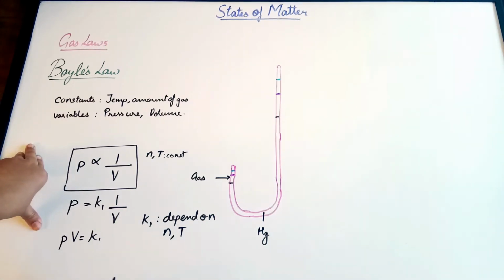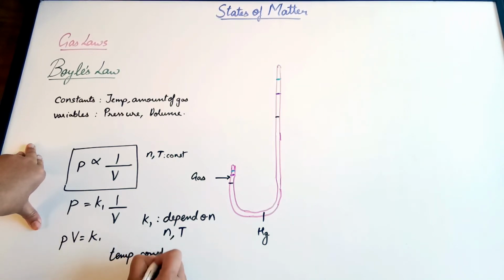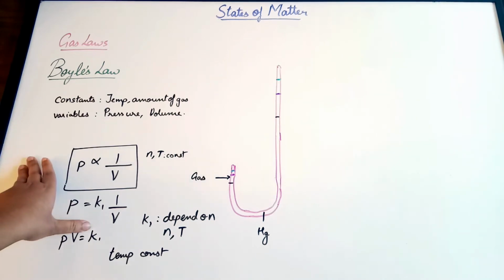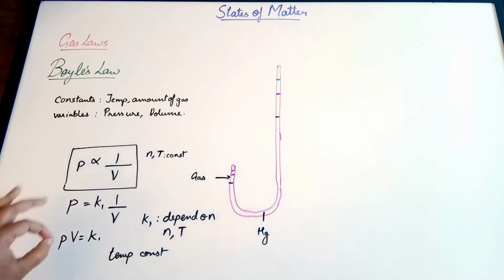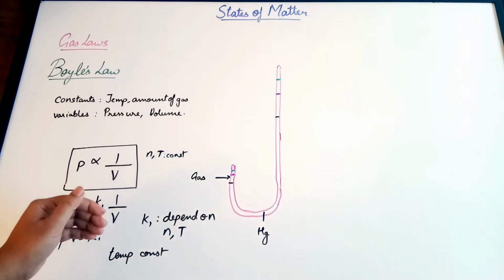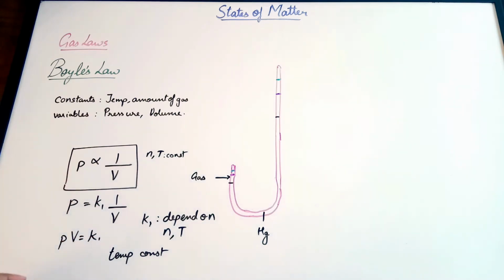At a constant temperature, the product of pressure and volume of a fixed amount of gas is going to be equal to a constant, because K1 is the proportionality constant, so obviously it's going to have a constant value. So at a constant temperature and a fixed amount of gas, the product of pressure and volume will be a constant. Let's take another example.